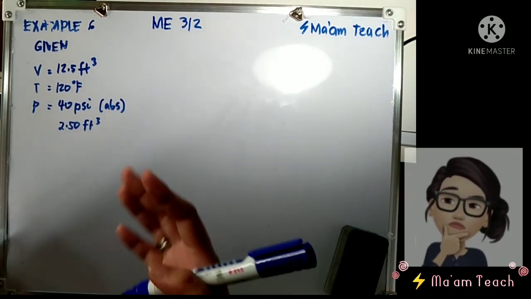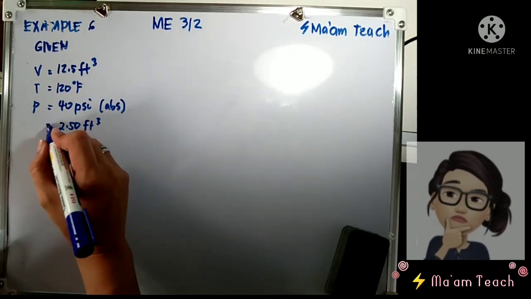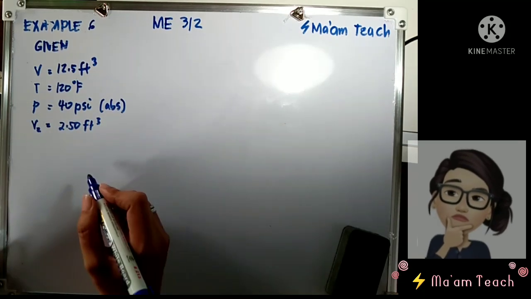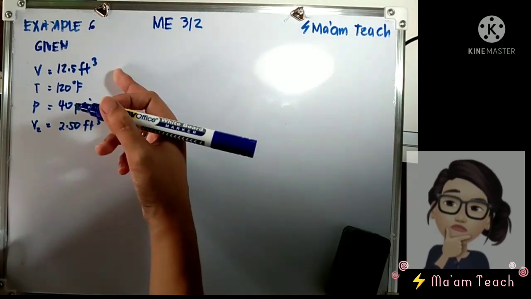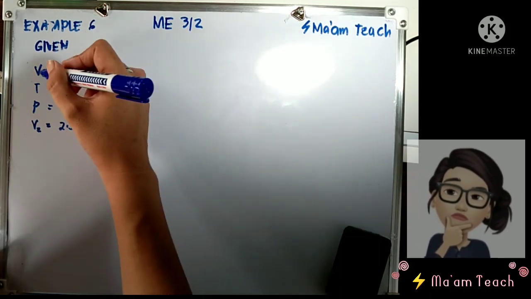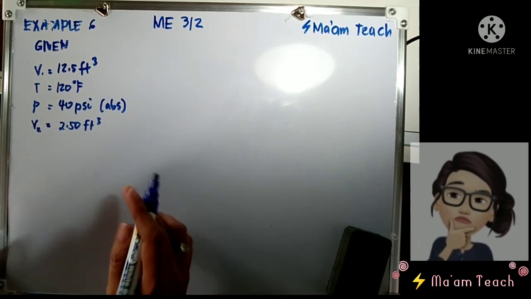So initially the air is at 12.5 cubic foot. Let's name this V sub 1 for the initial volume and V sub 2 for the final volume.